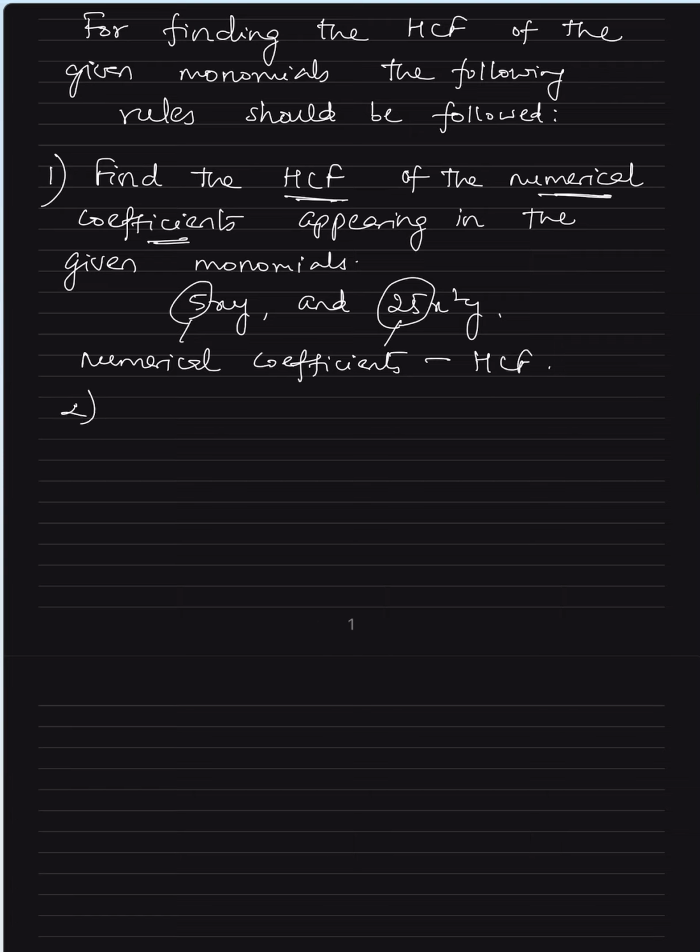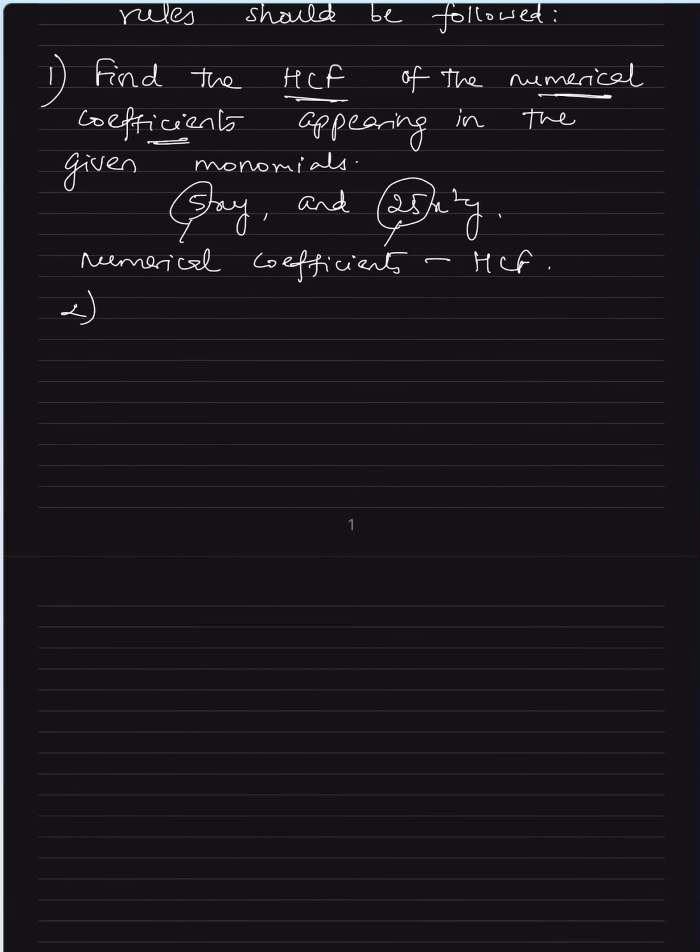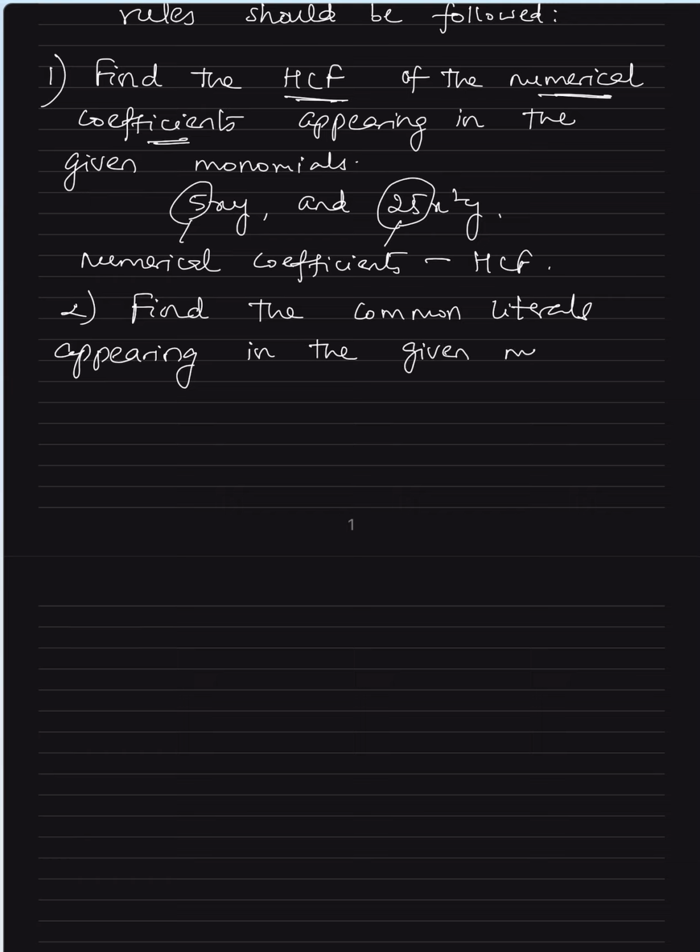Then the second rule is find the common literals appearing in the given monomials. Again the same example, I will take 5xy and 25x square y.